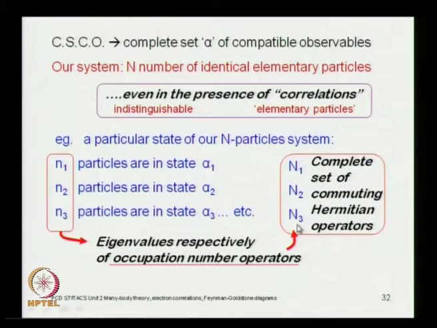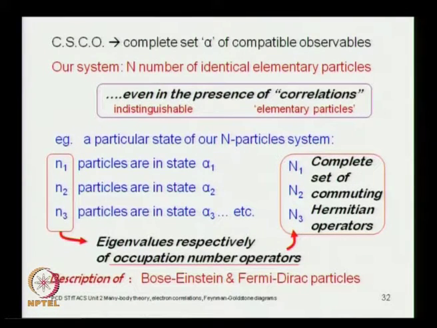These are number operators. So, this number n1 is an eigenvalue of a number operator which is capital N1. Okay. n2 is an eigenvalue of uppercase N2 which is a Hermitian operator. This is the number operator. These are called occupation number operators, and this description is common to both the fermions and the bosons.